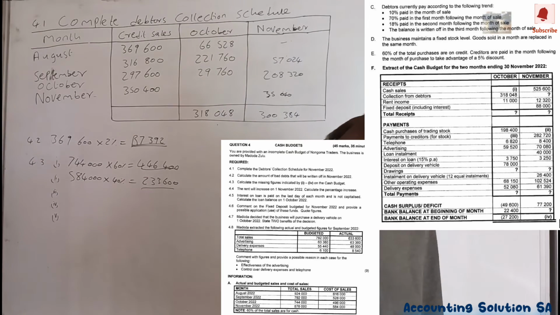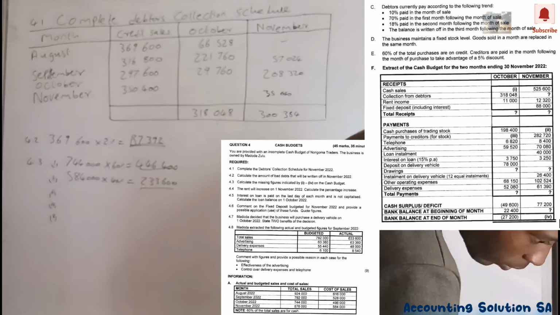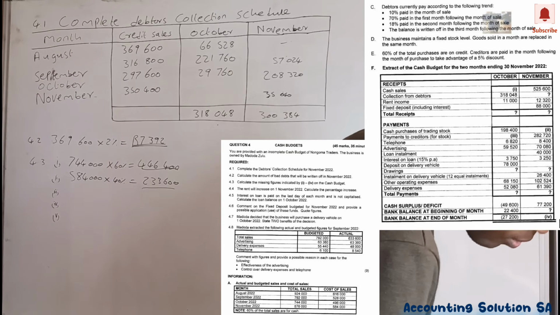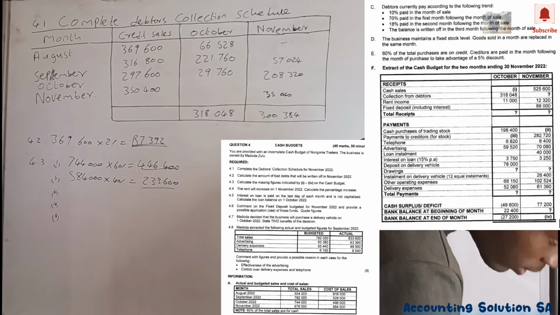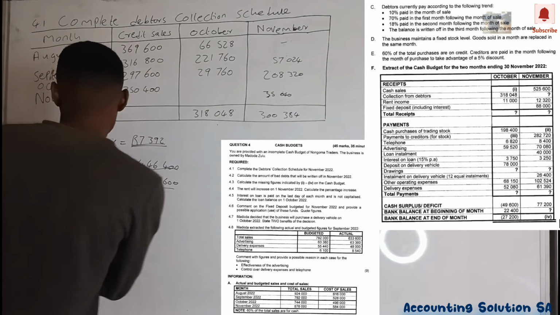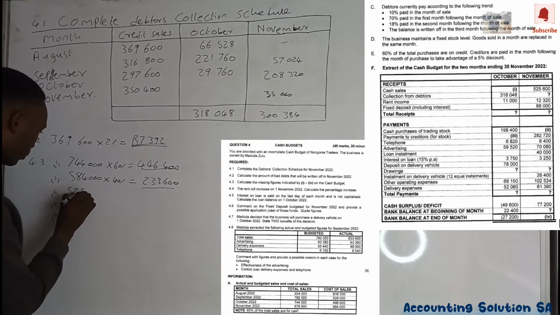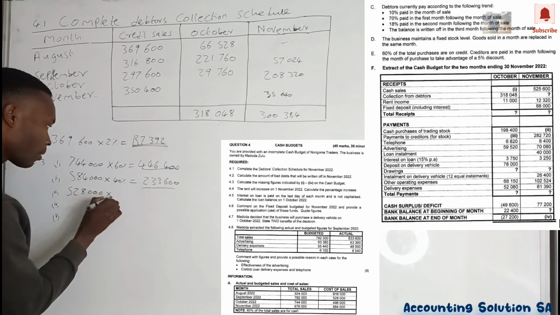Our cost of sales is purchase. Because we are looking for October, we must take the one for September, which is 528,000, and we multiply by 60%.